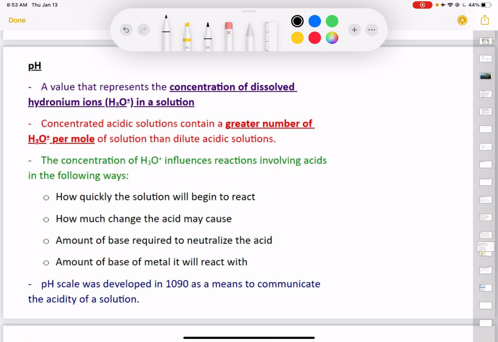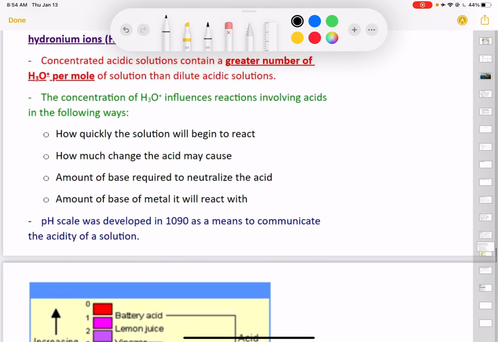It also affects the amount of base required to neutralize. So the more H3O+, the more base you're going to need to neutralize that acid. And it affects the amount of base or metal it will react with. So the more H3O+, the more reactive it's going to be in general.